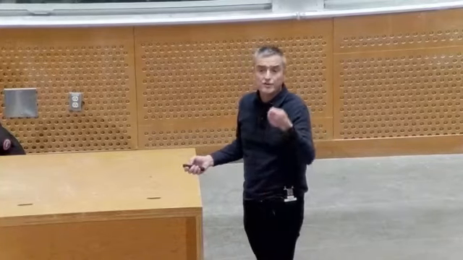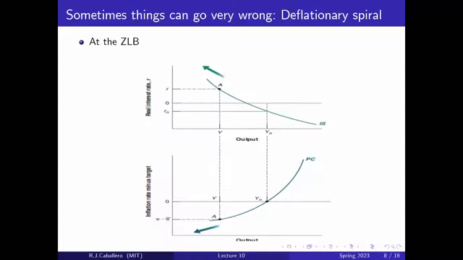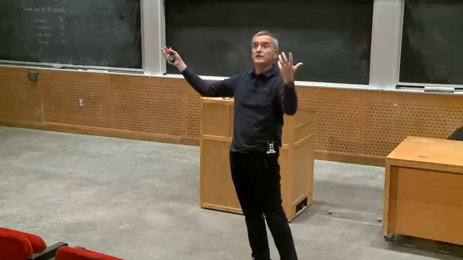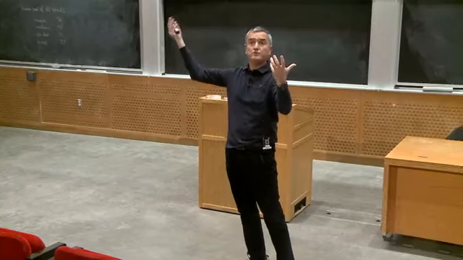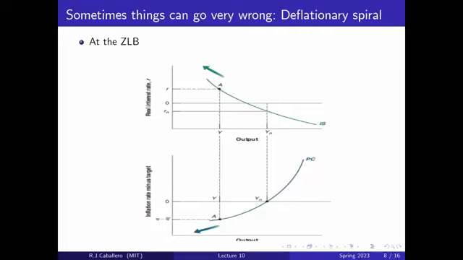But if you generate negative inflation and the nominal interest rate is fixed at 0, then you get a positive real interest rate, because the real interest rate is equal to the nominal interest rate, which is 0, minus expected inflation. But if expected inflation is negative, minus minus is positive. So that means your real interest rate is actually positive.